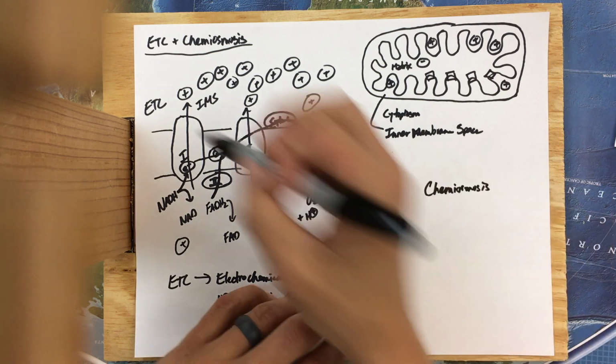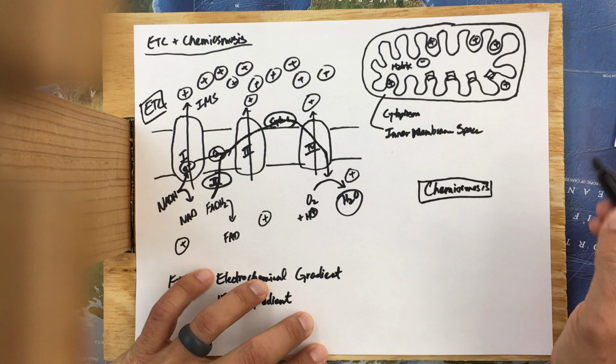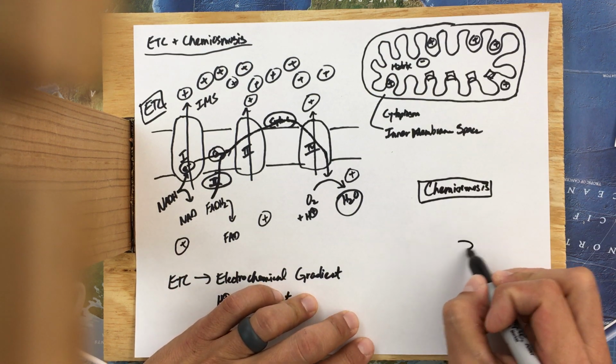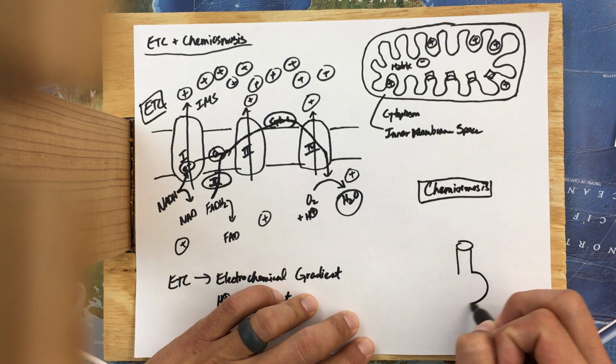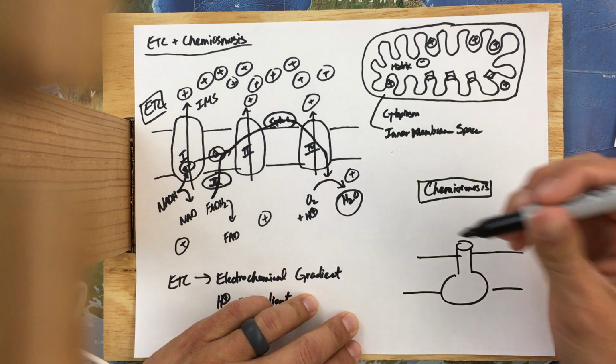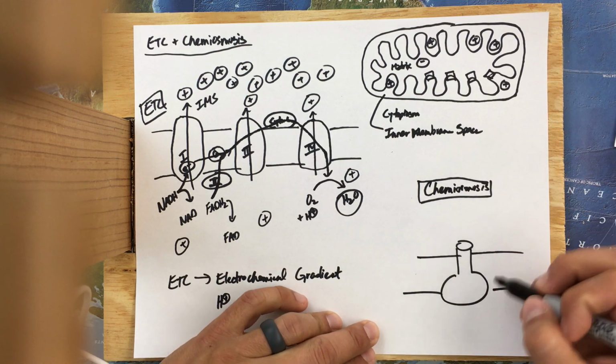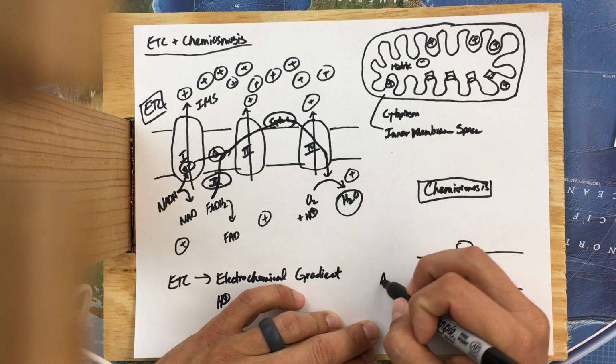So during chemiosmosis, so here's the electron transport chain, here's chemiosmosis. During chemiosmosis, you've got another enzyme that is within the plasma membrane, and it's the same membrane. It's also within this inner membrane. And this one is called an ATP synthase.